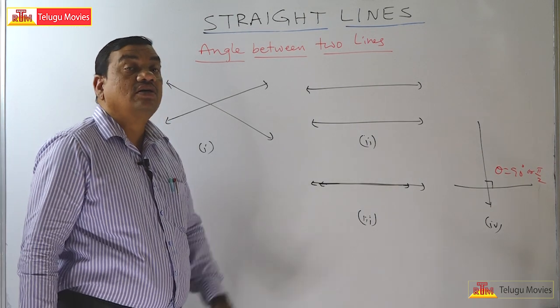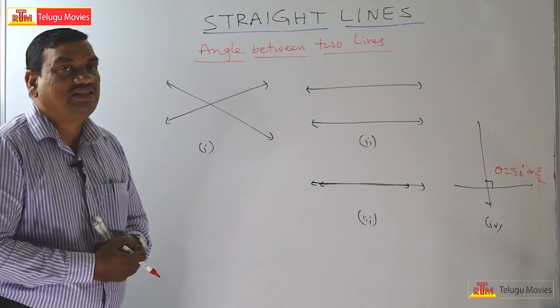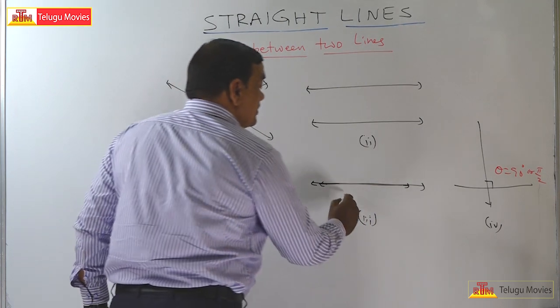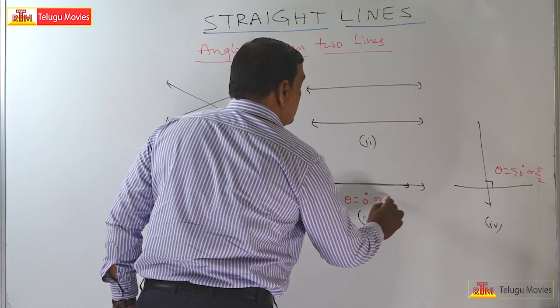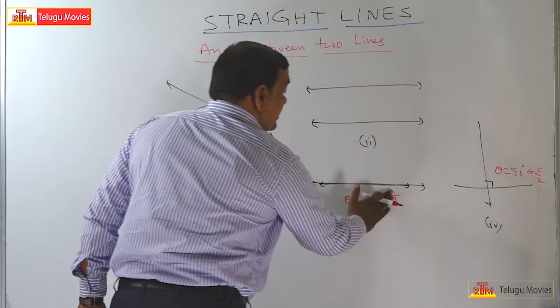Now, coming to the third case, when two lines coincide with each other, is there any angle between them? No. So, here the angle is either 0 degrees or pi radians, that is, 0 or 180 degrees.